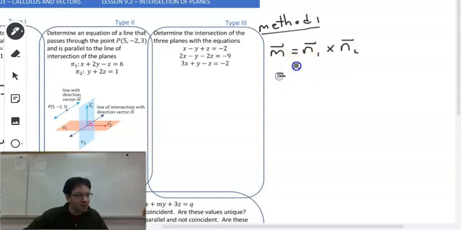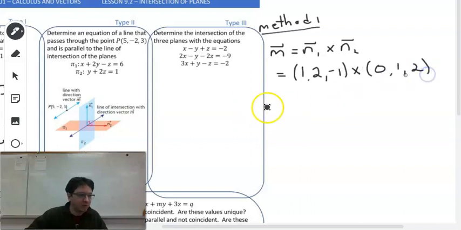Alright, so the first normal then, we can pull out our coefficients from plane 1, so 1, 2, and -1. Cross our second normal, which is, we have no x term, so 0, 1, and 2. And we're going to apply our cross product to this.